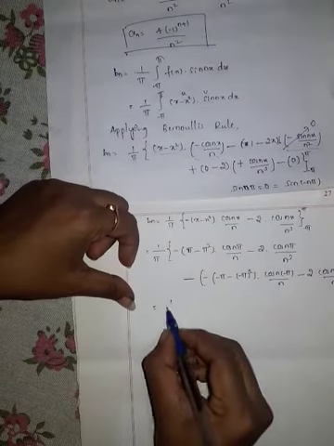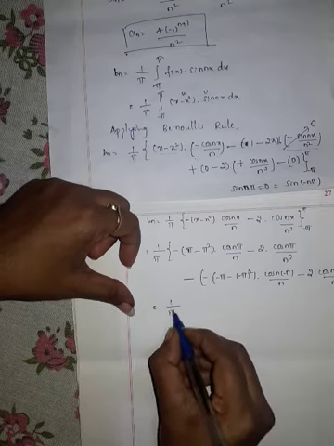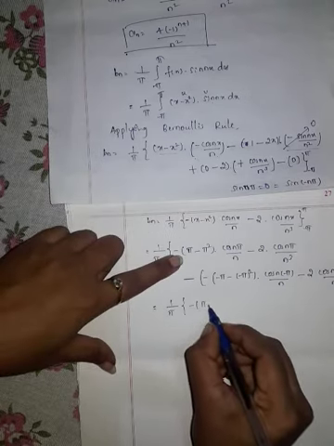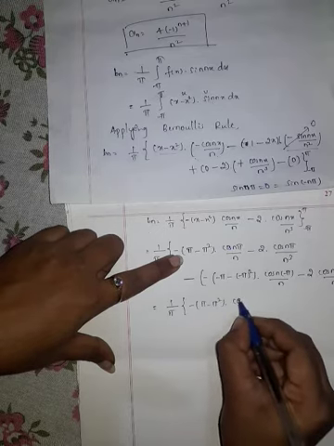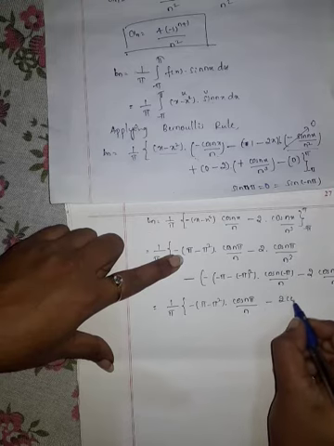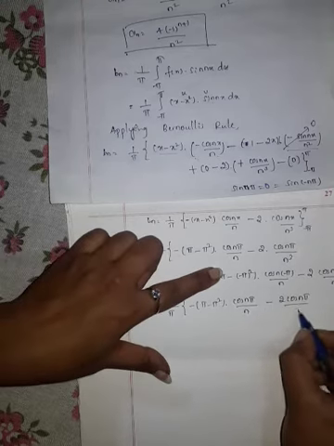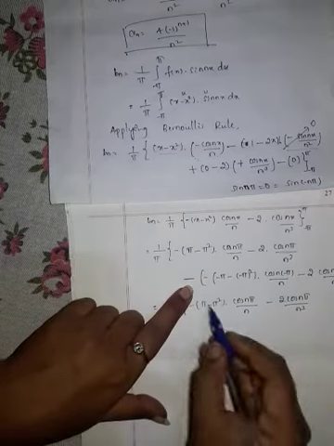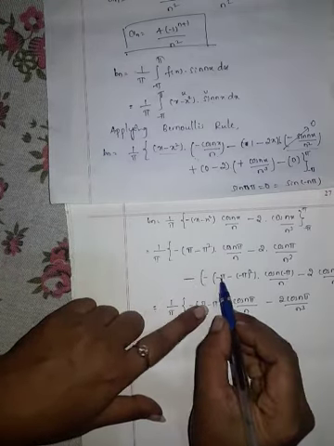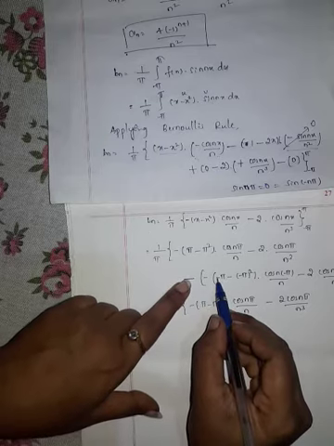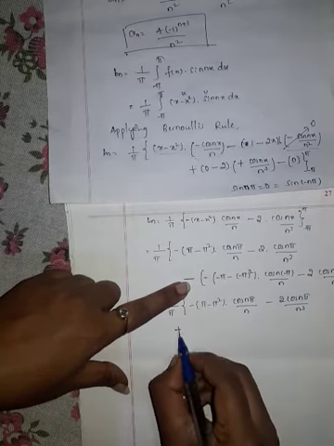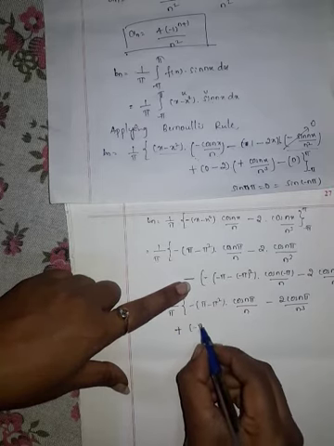Simplify this one. 1 divided by pi as it is, minus pi square into cos n pi divided by n minus 2 into cos n pi divided by n cube as it is. Take this minus sign inside the bracket. So we will get here minus of minus is plus minus pi.